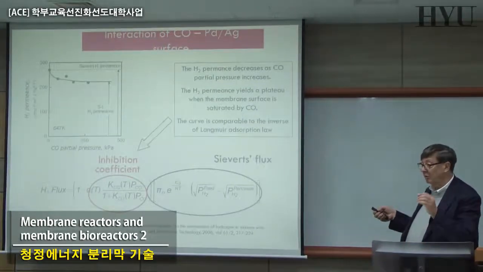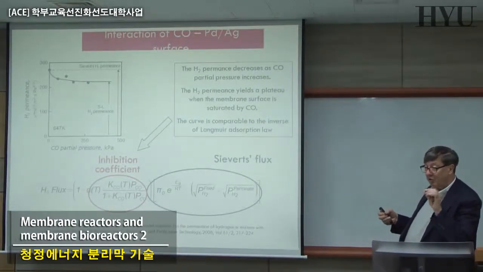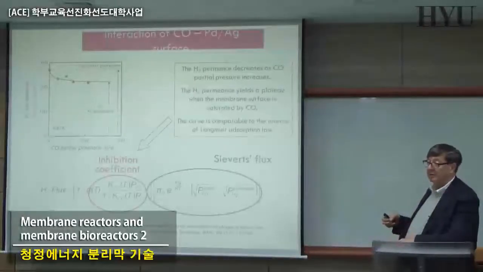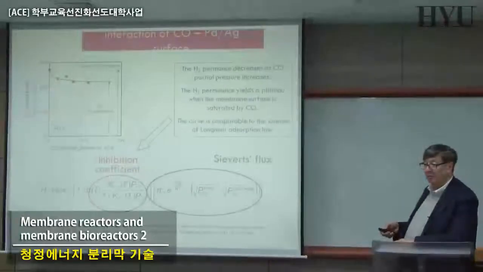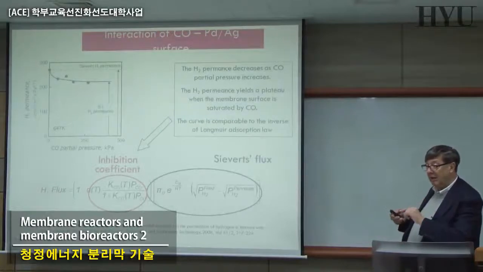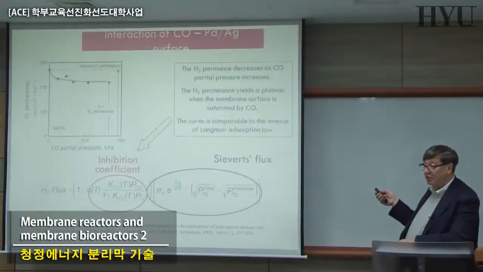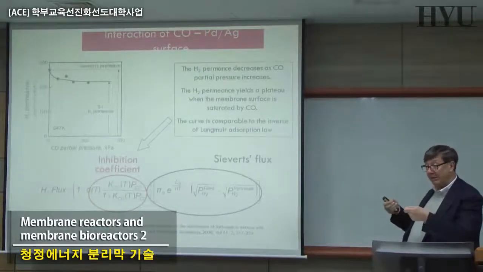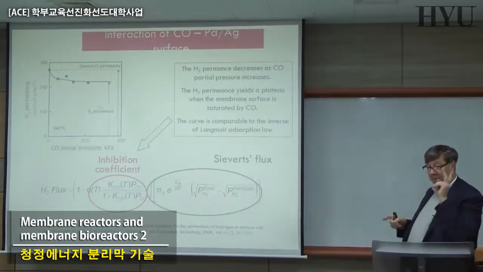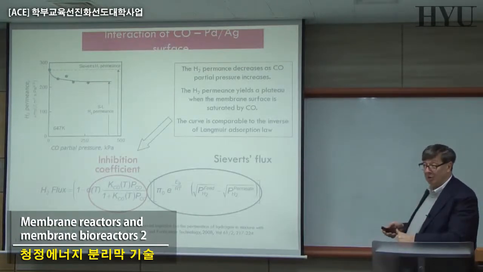Saturated does not mean that we are only increasing concentration. It means that the CO chemically can be absorbed on the palladium surface and can minimize the possibility of the hydrogen to be absorbed and split from a molecule of 2 atoms into single atoms.